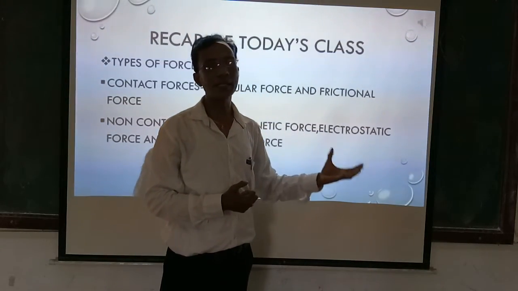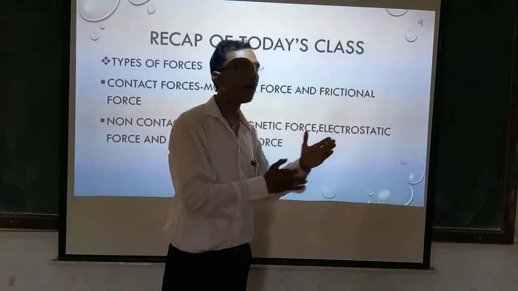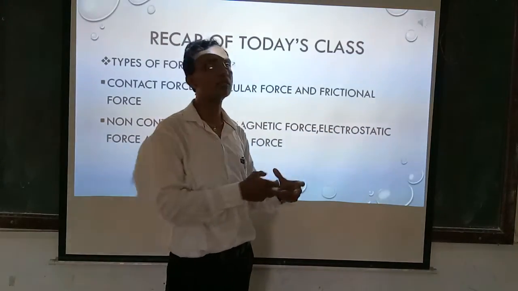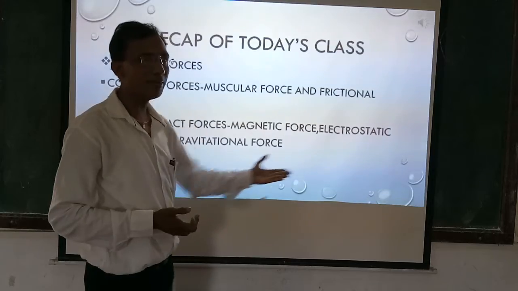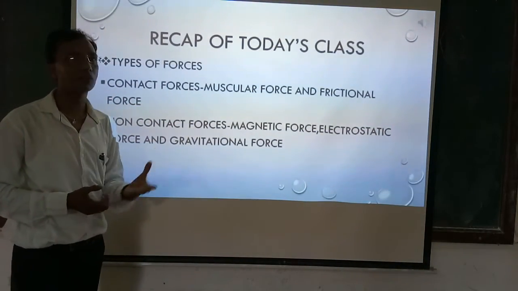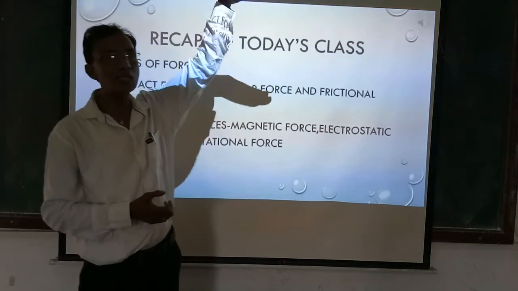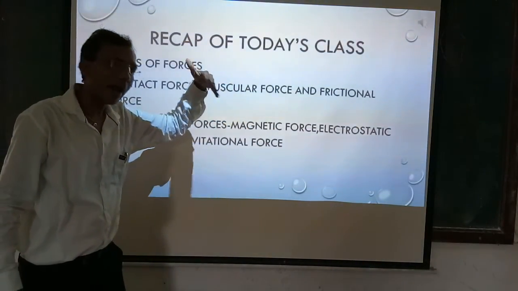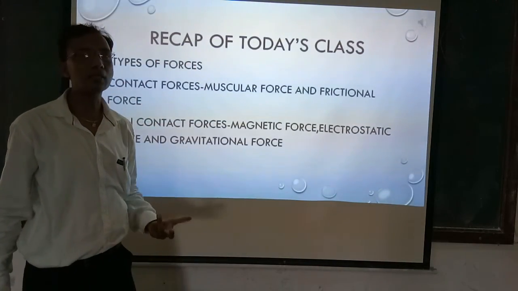It is the electrostatic force between the comb and the piece of paper. Similarly, lastly, the gravitational force: an object released from a certain height obviously comes in a downward direction and is attracted towards the earth. It is known as the gravitational force.